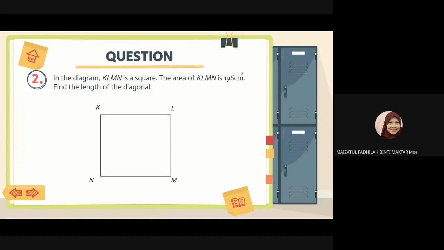I will announce those who have already done it, and I will mark online. If it is difficult to submit using Google Slides, please submit to me personally through WhatsApp. Understand? This is worth 20%, so I need to take another attendance.